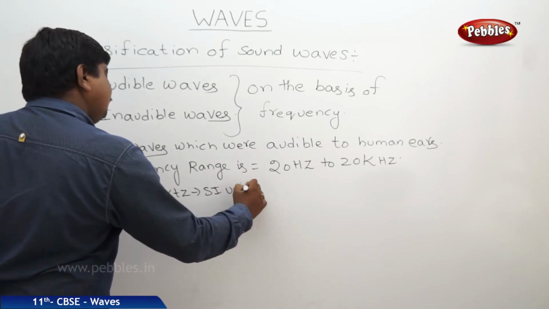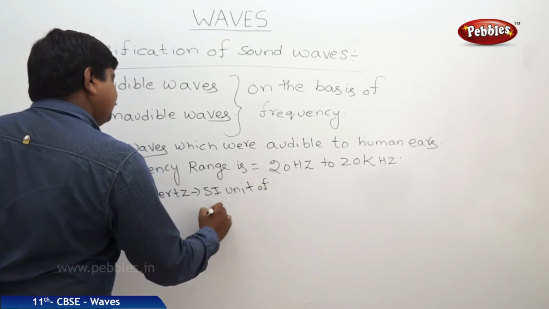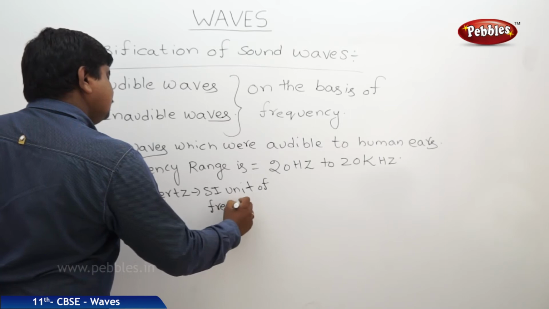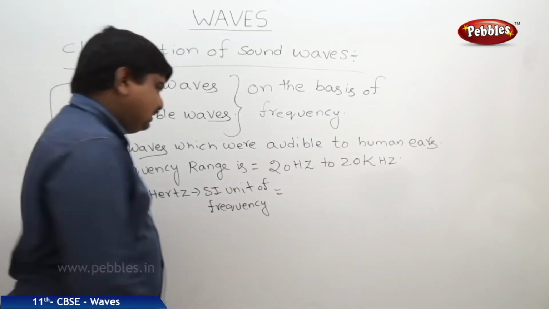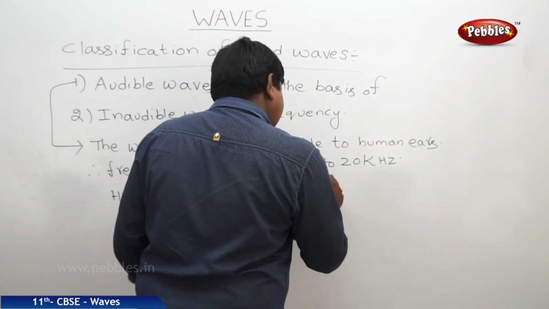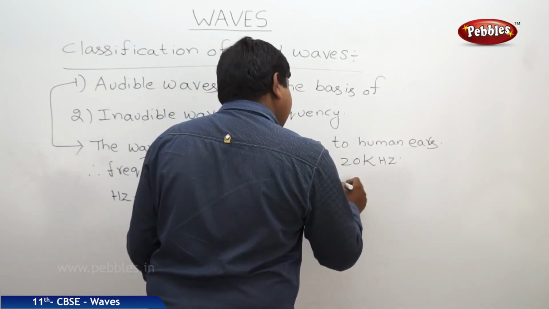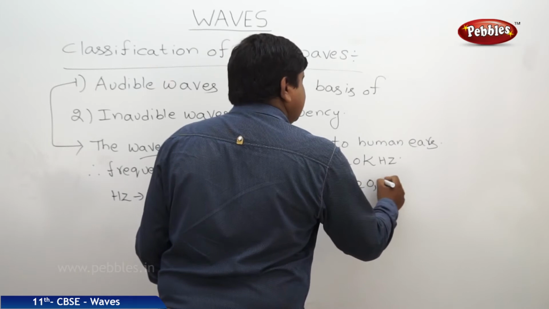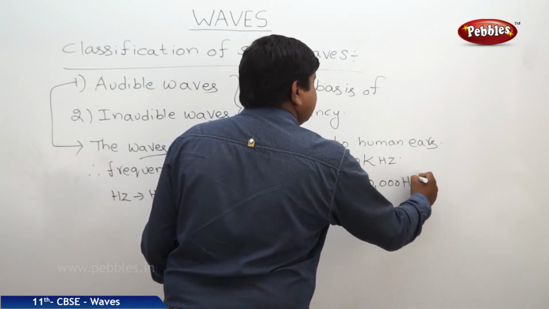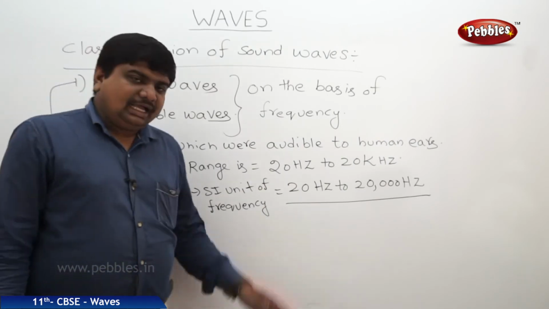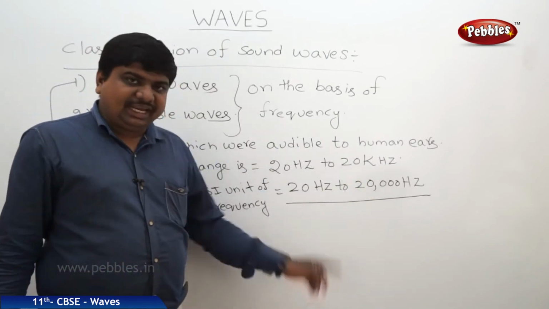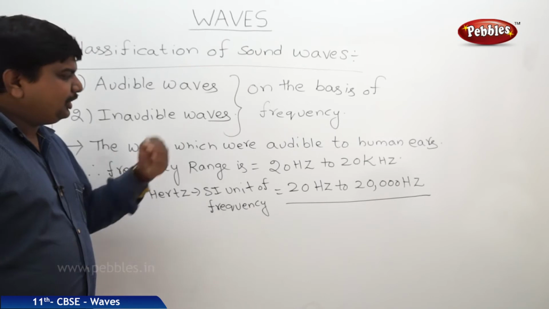It is also written as 20 Hertz to 20,000 Hertz. Whenever the sound waves have a frequency in this range, they are audible to the human ears.